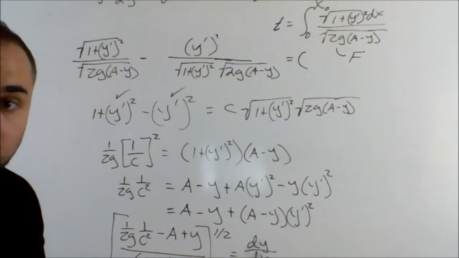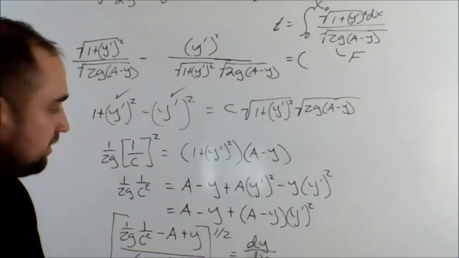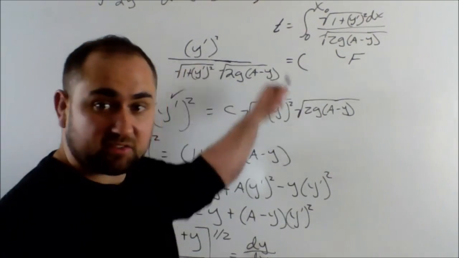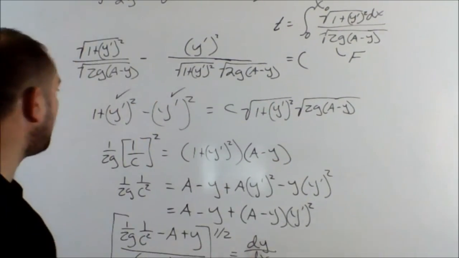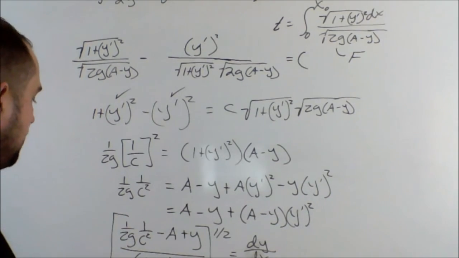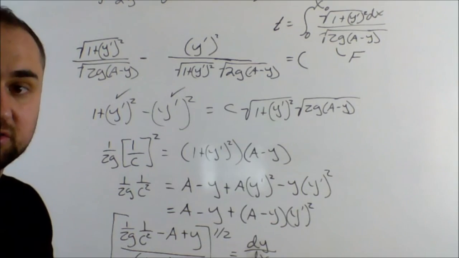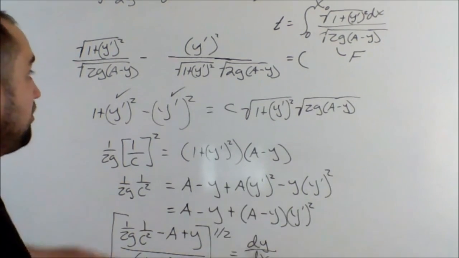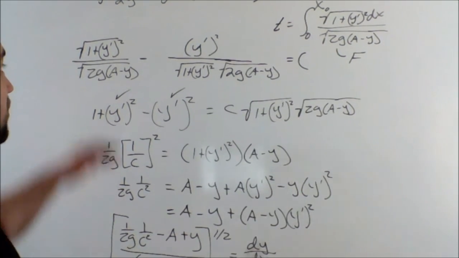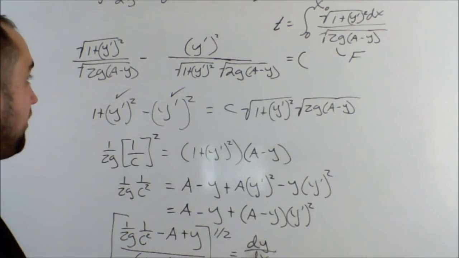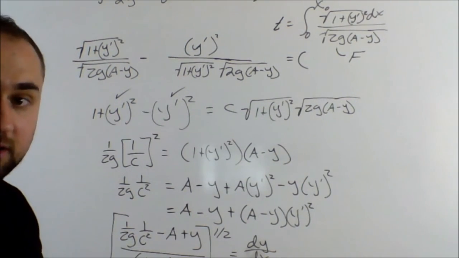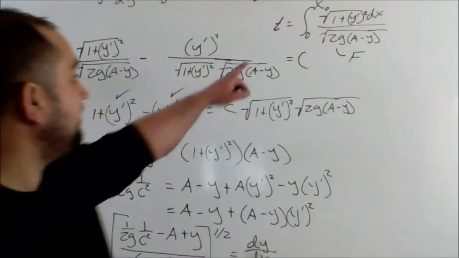And then by solving for y, now we get the solution to the curve that minimizes time. That's not necessarily something that I'm going to do. That's more of a differential equations thing, not a calculus of variations. So I'm not going to go through those steps. I just wanted to demonstrate how the calculus of variations can be applied to derive extremals.